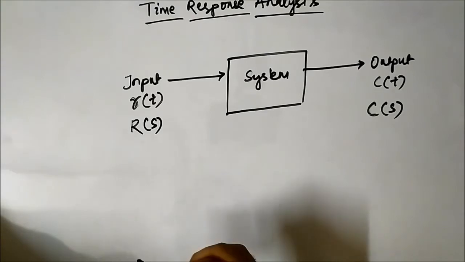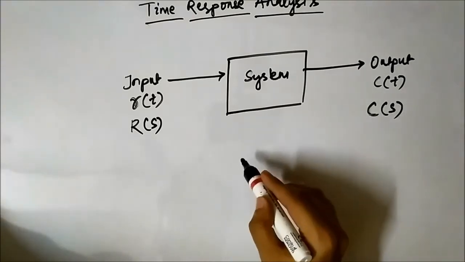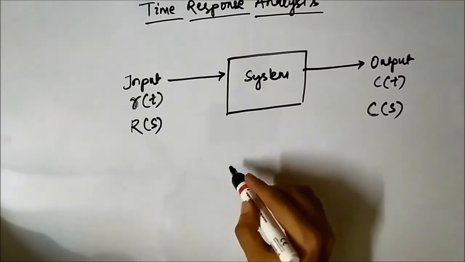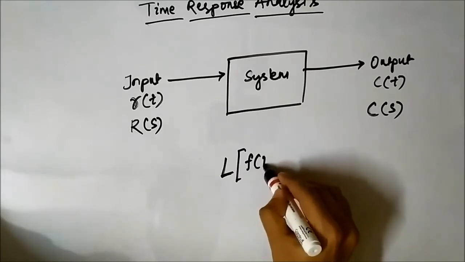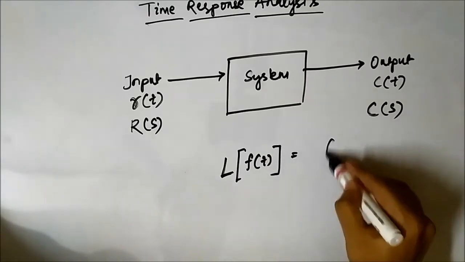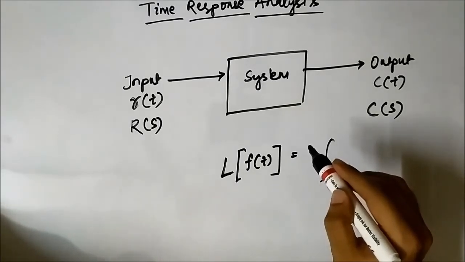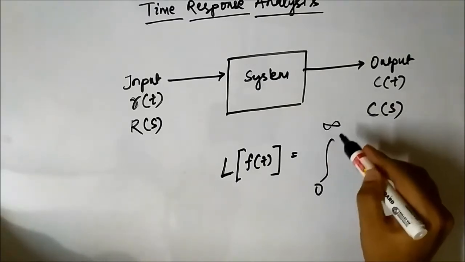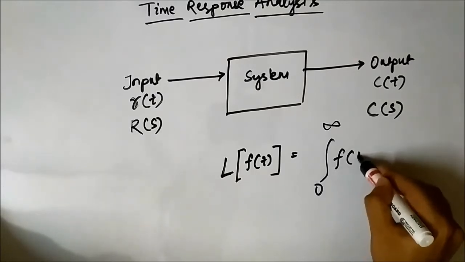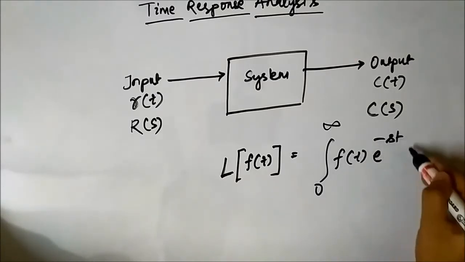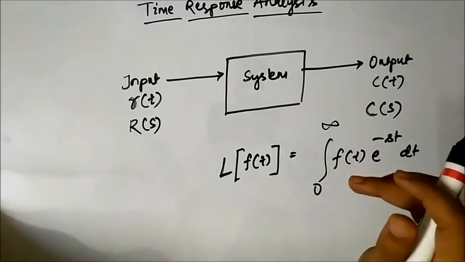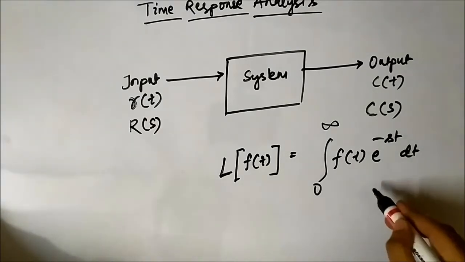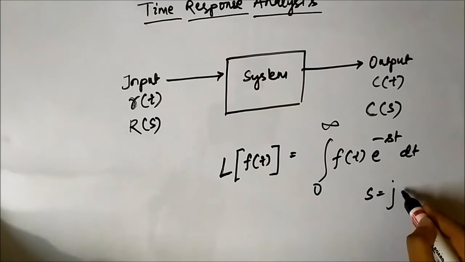The Laplace transform of any time varying function, let's say f(t), one-sided Laplace transform I am talking about, is the integral from 0 to infinity of f(t) e to the power minus st dt. This is the Laplace transform, where s is a complex parameter given by s = σ + jω, where ω is the angular frequency.